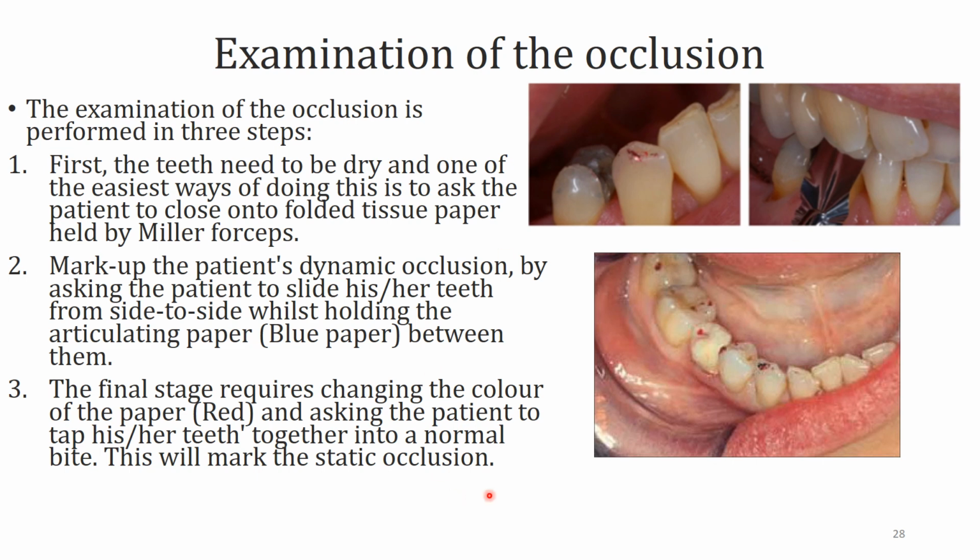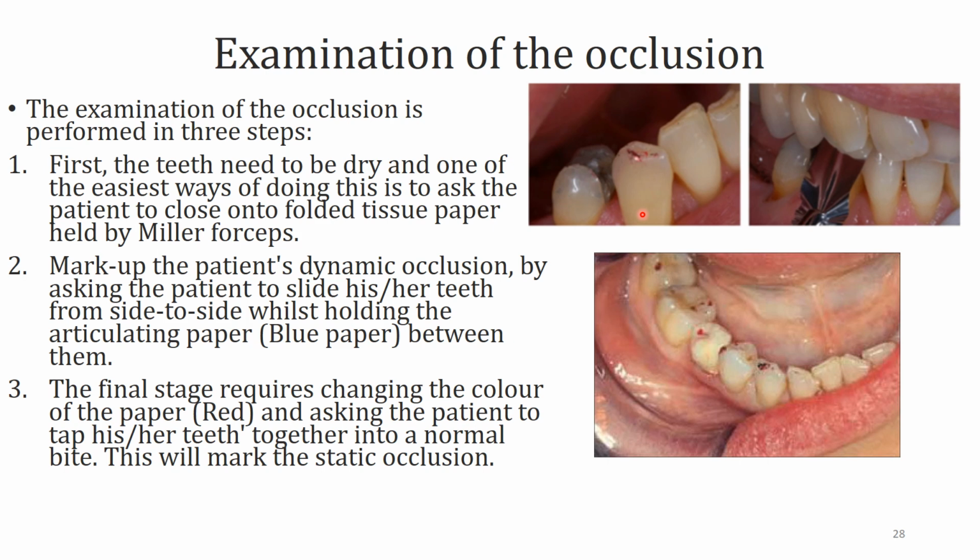Coming to the examination of occlusion, how do we do that? We use articulating paper, and we mark the static occlusion when the jaw is closed or in close contact.